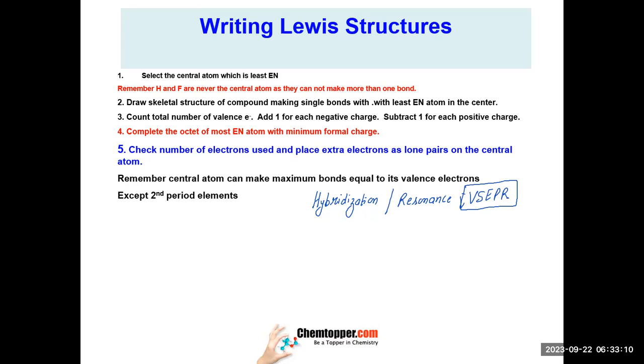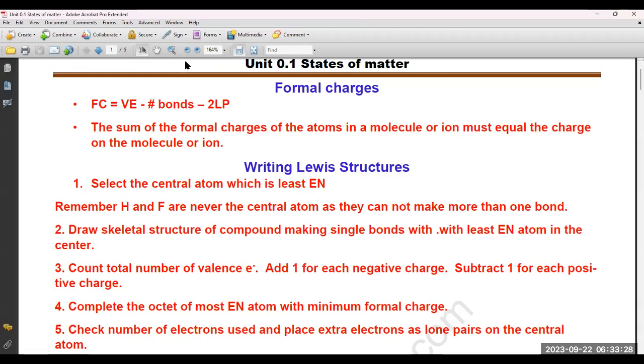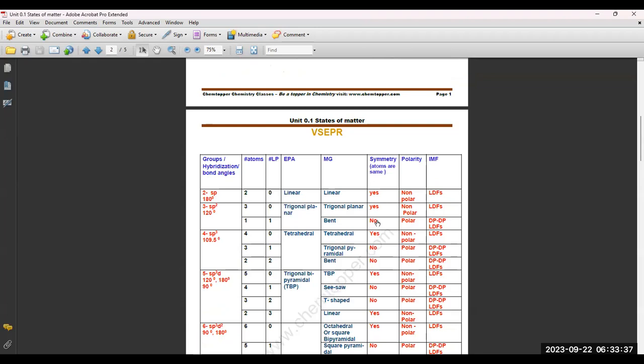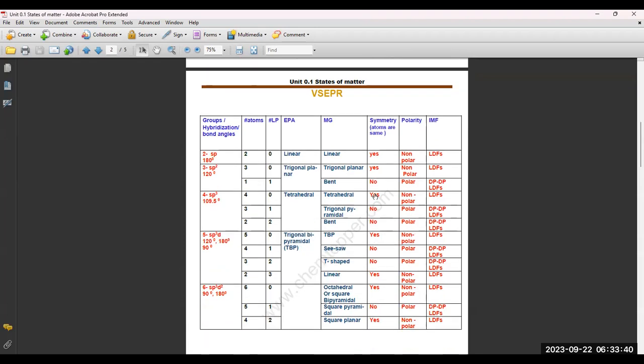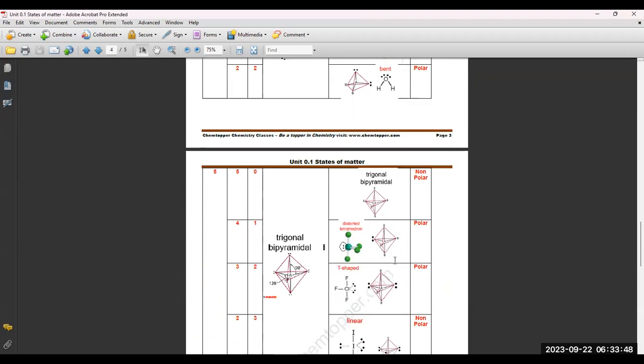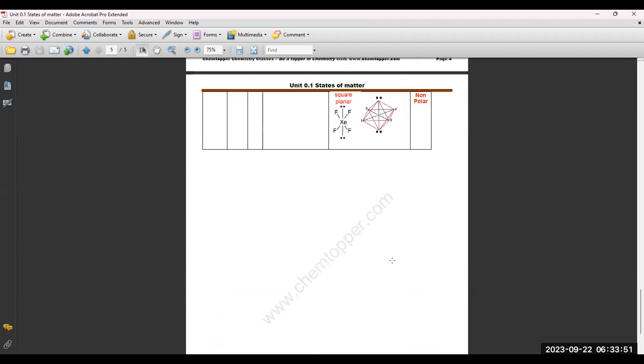Please download it. You can see this PDF here also. We have already done formal charges and writing Lewis dot structures. So today we are going to do VSEPR. I will explain the meaning and then we'll start learning about whatever is written there. Hybridization, I'll start after that. So ready children? Take the printout.